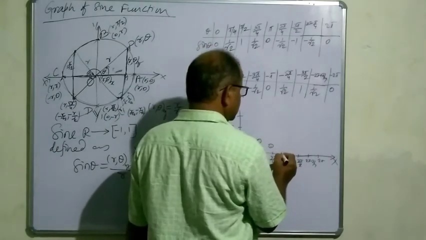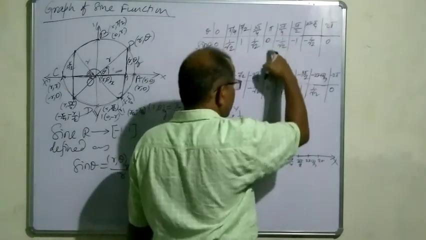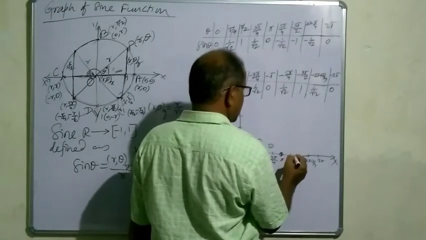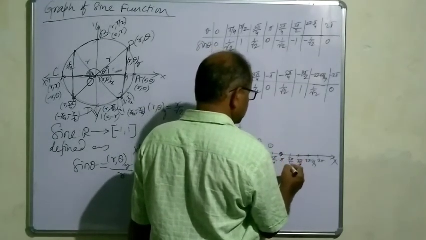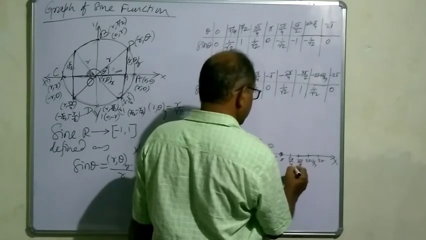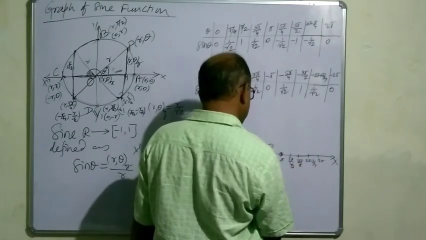Yes, for pi it is 0, this is the point. Then 5 pi by 4, it is minus 1 by root 2. So the point will be here, suppose.